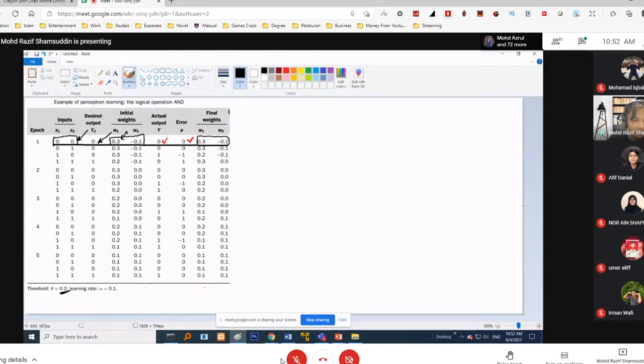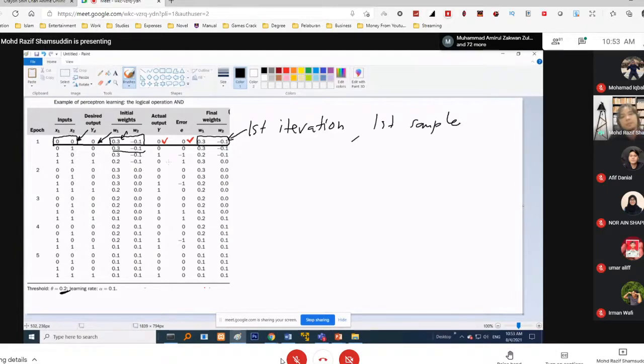So kalau you perasan, sebelum ni ada student yang tanya, "So mana datang 0.3 and 0.1 ni?" So dia datang dari sini. Whatever is the final weight for the first sample, ataupun first iteration, kita panggil first iteration and first sample.